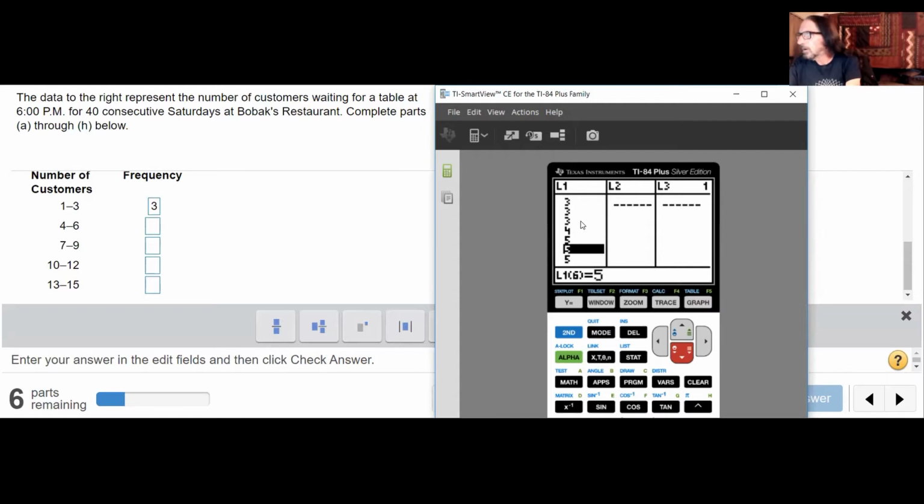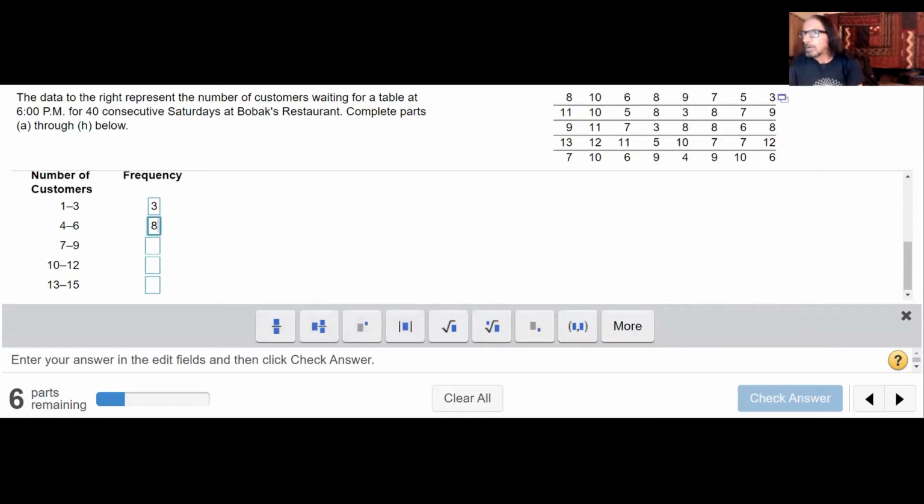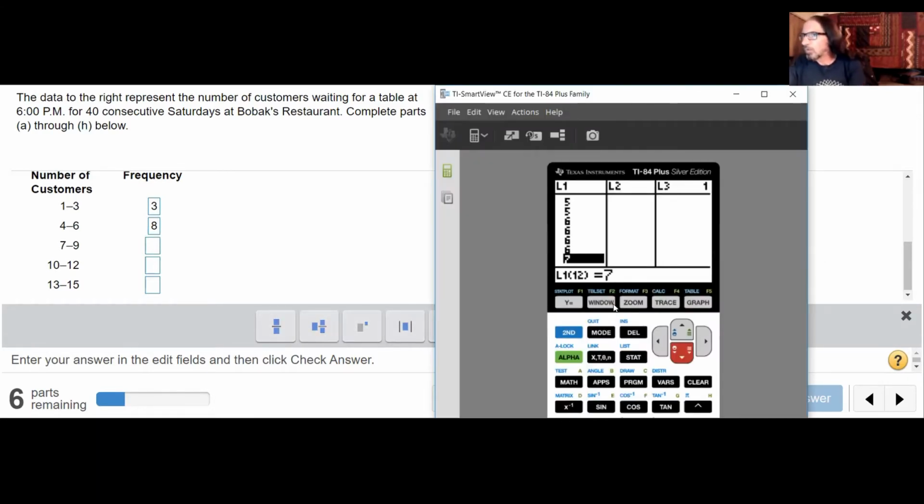Something I just thought of a little bit later is that within each, you have potentially 3 scores. In the first one, 1, 2, and 3. In the second one, 4, 5, and 6, and so on. So there's a few different ways that we can see that the class width is 3. They've predetermined this for us. I'll talk in a bit here about why they're going with that.